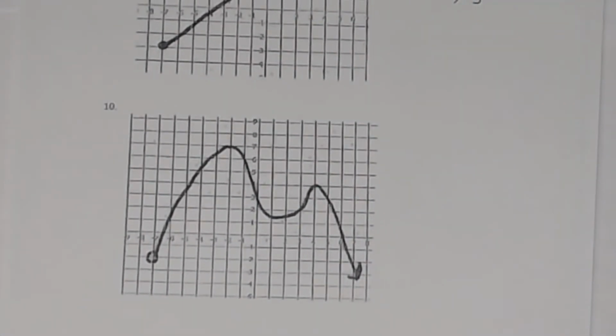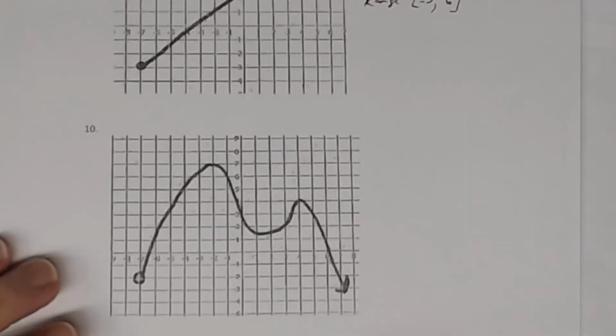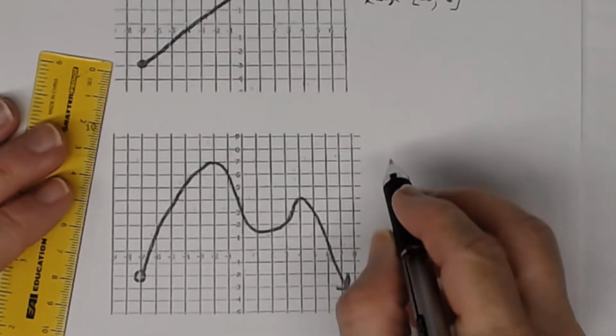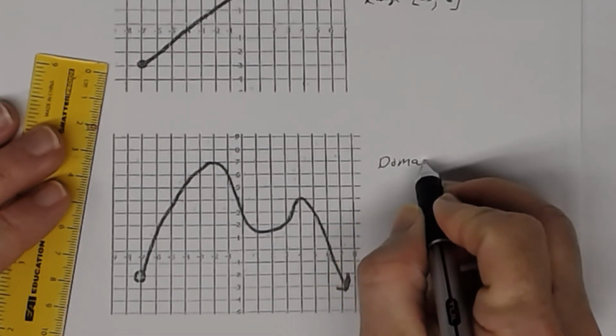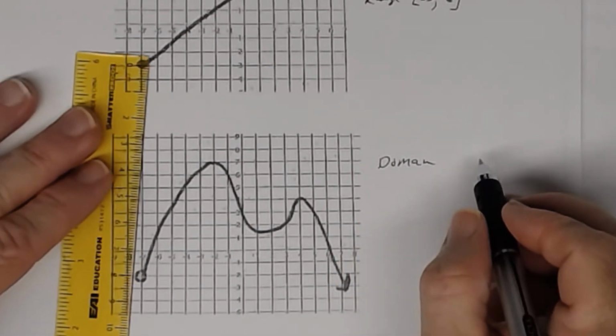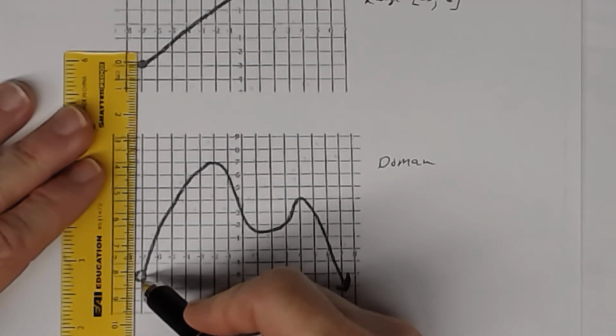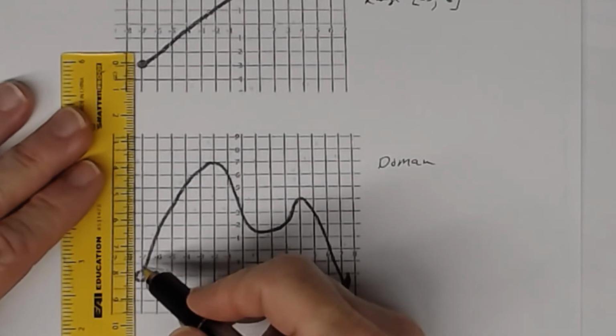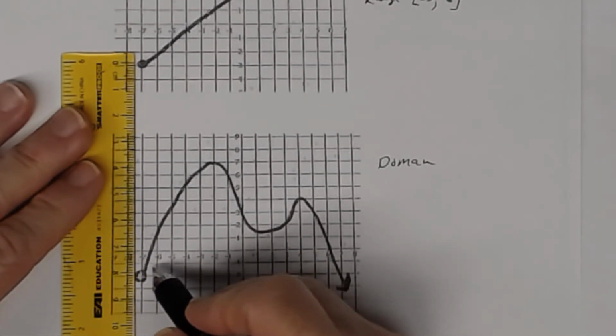Okay, now number 10, the last one, you see an open circle and you see an arrow. So let's talk about the domain. When you go from left to right, this is where you start, an open circle though, so that x-coordinate and that y-coordinate will not be in the domain and range. But the x-coordinate here is -7.